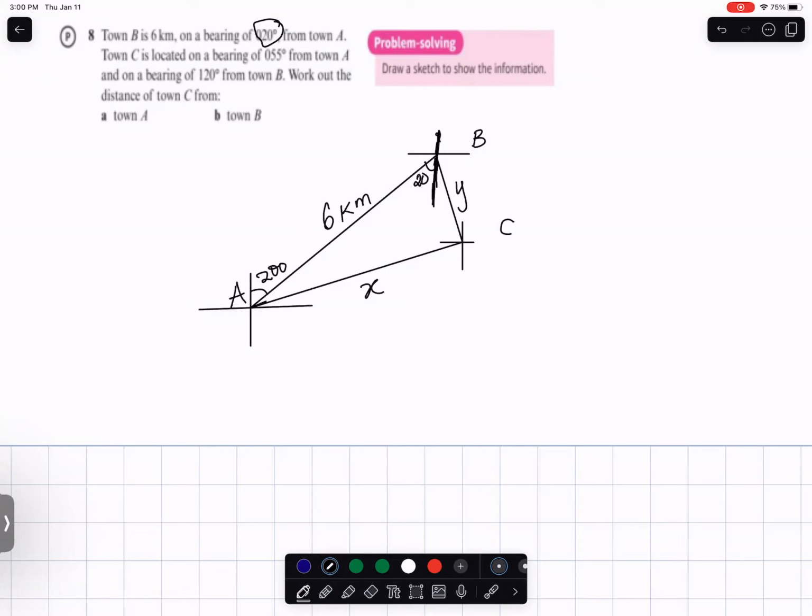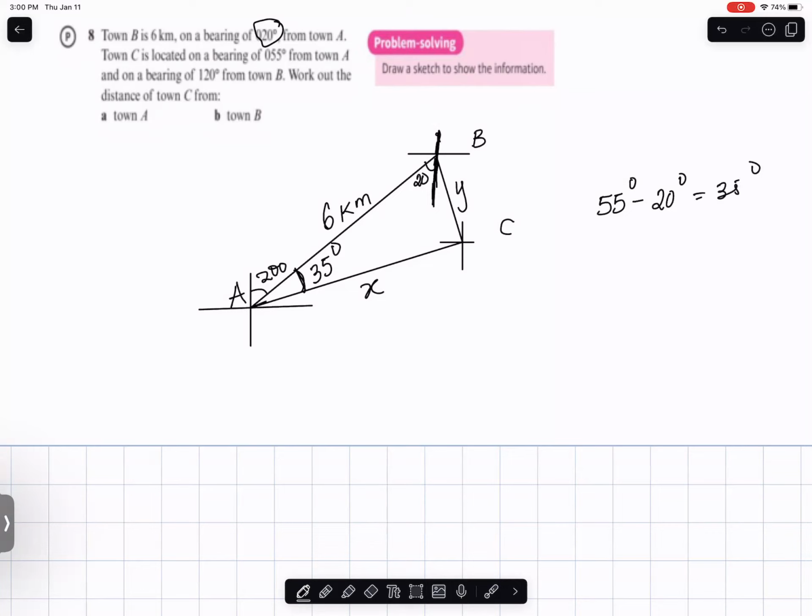And it says the bearing from this point to this point is 55 degrees. So how do I get the angle inside of this? If from this point to this point is 55, and this point is 20 degrees, simply I will do 55 degrees minus 20 degrees. So that gives us 35 degrees. So that means the angle here is 35 degrees.